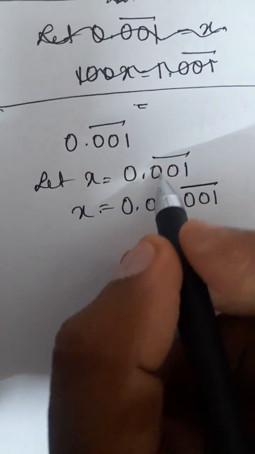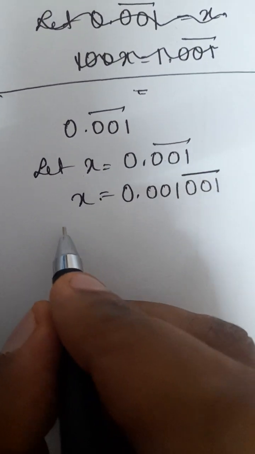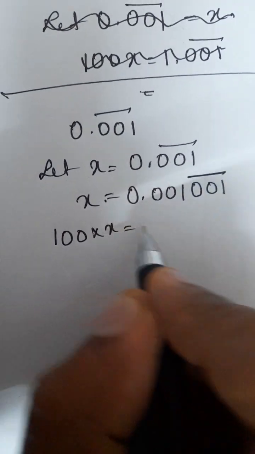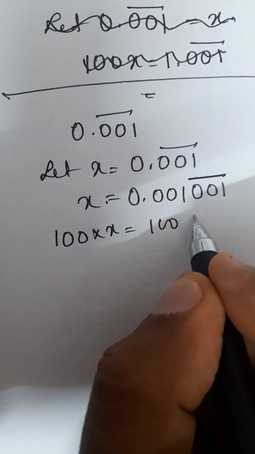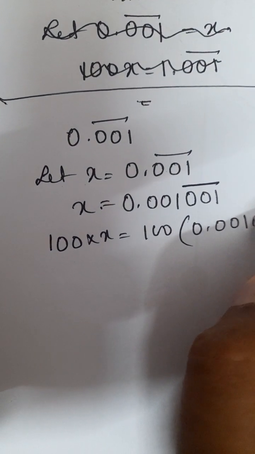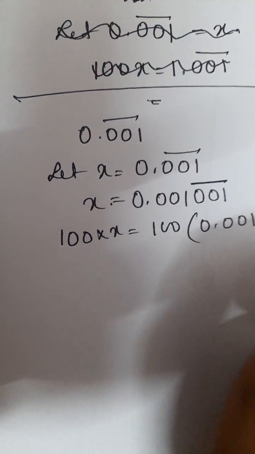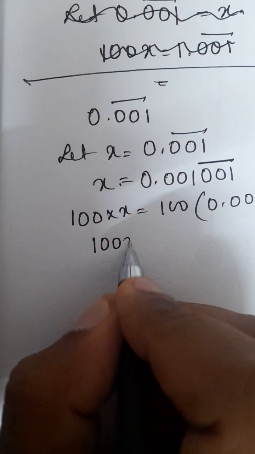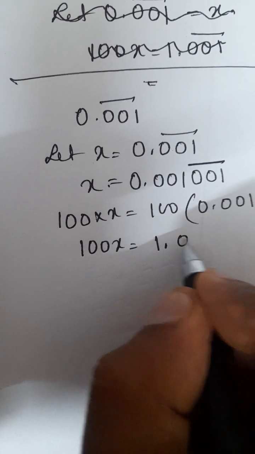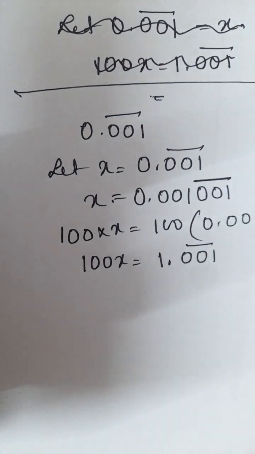I am multiplying; this is 1, 2, 3, so I'll multiply it by 100 on both the sides. Into 100 is equal to 100 into 0.001001 bar. So this is 100x is equal to 1.001 bar.